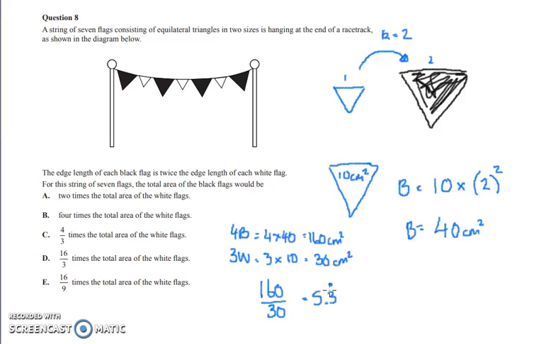If you're using your CAS calculator, you can also press the change from decimal to fraction. And 5.3 recurring does equal a fraction of 16 over 3. So the area of the black flags is 16 over 3 times larger than the white flags. If we have a look at all our responses here, we can see that 16 over 3 times the area of the white flag is the answer, so D.